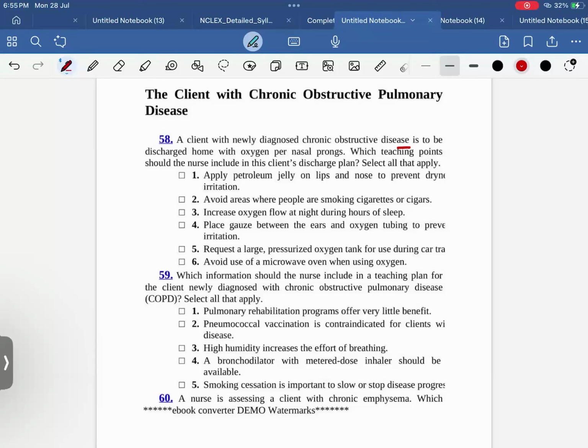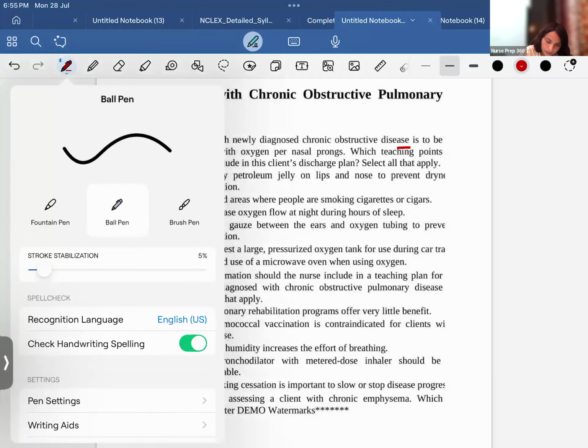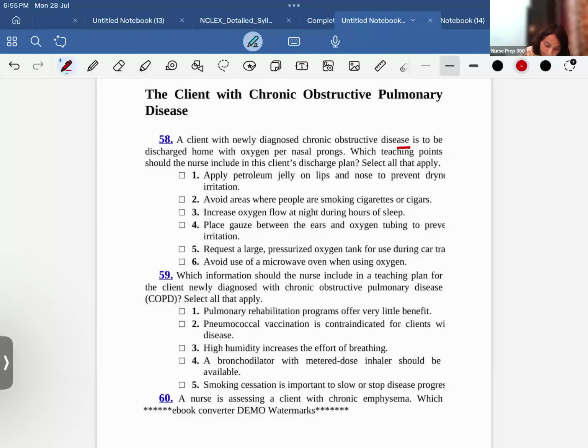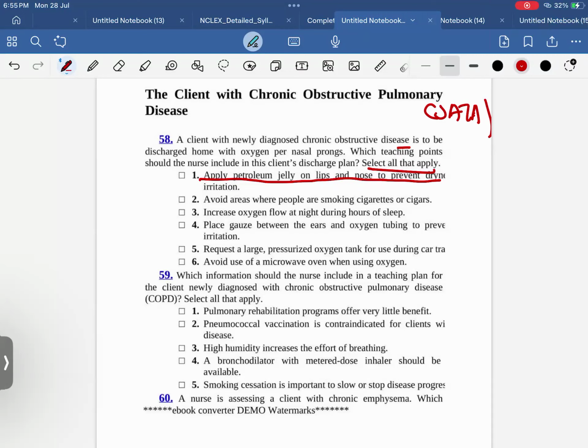Now, will you apply petroleum jelly? The first thing the question is asking, apply petroleum jelly on, okay, the question is SATA. SATA means you can choose as many as you can, but understand one thing, in NCLEX, in a SATA question, you have negative marking. Why negative marking?